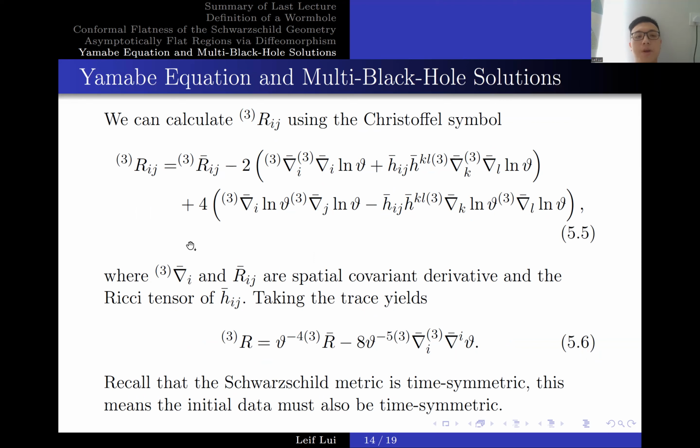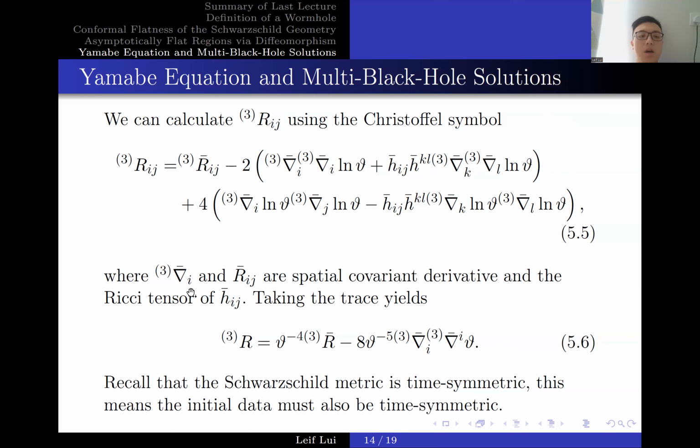of h, as I mentioned before, is the Ricci tensor of h_ij. So it is the Ricci tensor projected onto the first fundamental form. This is equivalent to the Ricci tensor bar minus this really ugly function of theta and the first fundamental form.